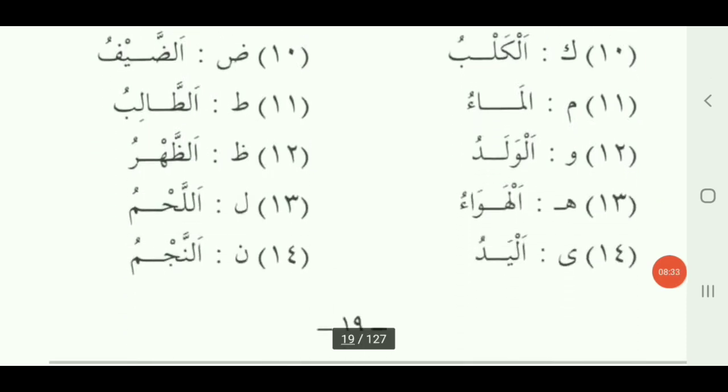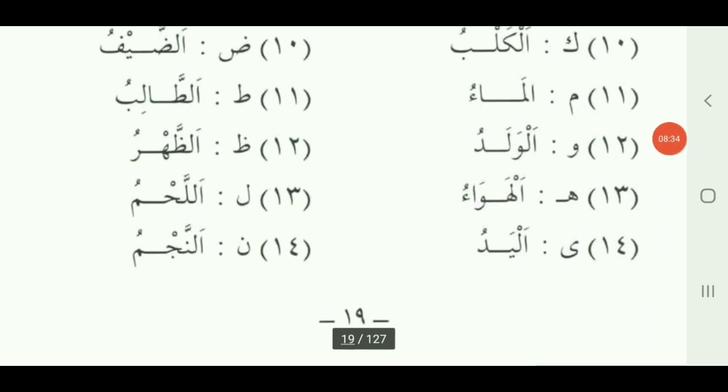Definitely mim is also among the letters of qamariyya. Here we have al-waladu. You can hear the sound of the lam, it is pronounced. So definitely wa is among the letters of qamariyya.